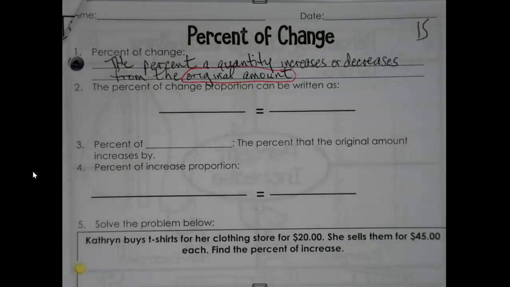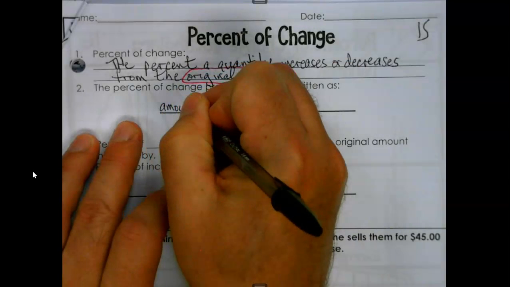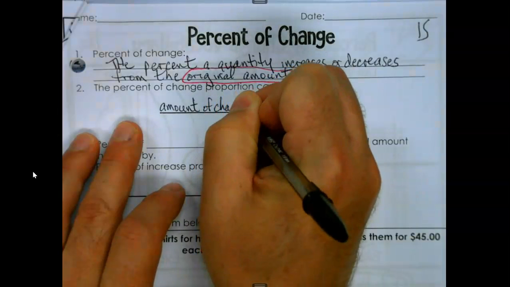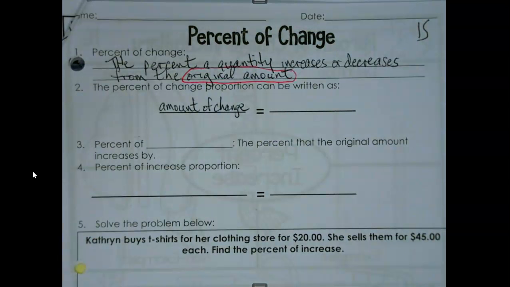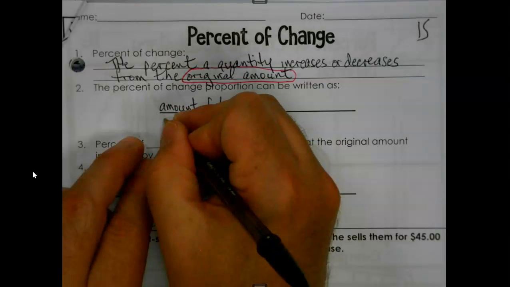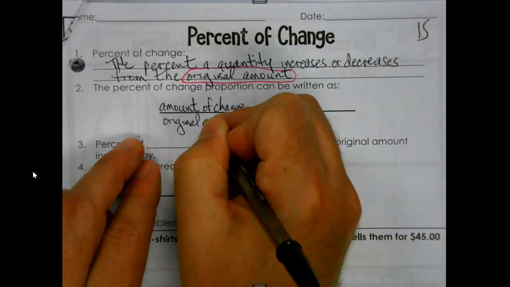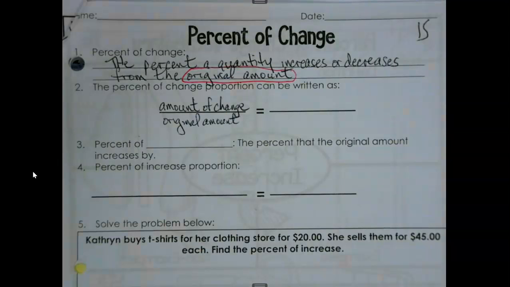So the best way I can think of to do this probably is going to be with a proportion like we're going to set up here. We're always going to set up as the amount of change, which will end up being positive. We'll know whether it's going up or down to know the decrease or increase part. Over however much we started with.